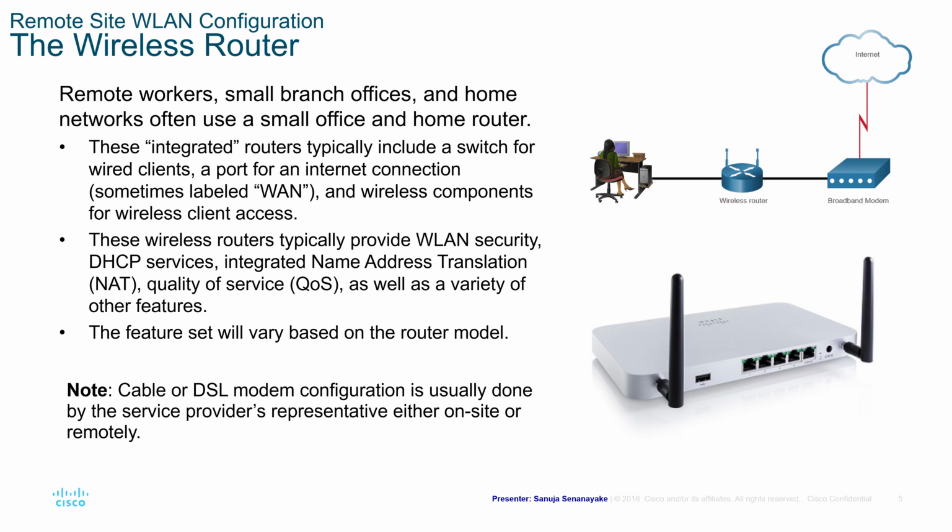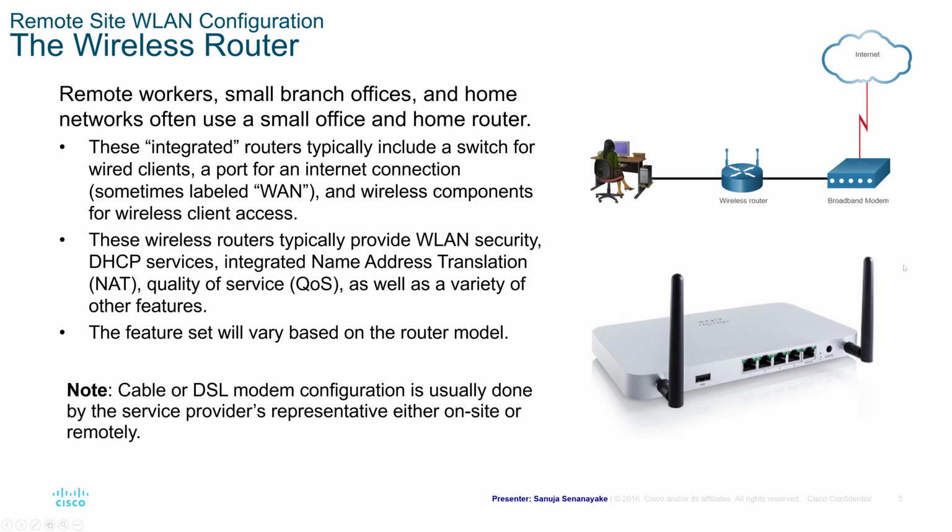So that's another option that may be available to you at your work site. Please note the cable or DSL modem configuration is usually done by the service provider's representatives either on site or remotely. So all the configuration that you need to connect to the ISP should be provided by your ISP themselves.